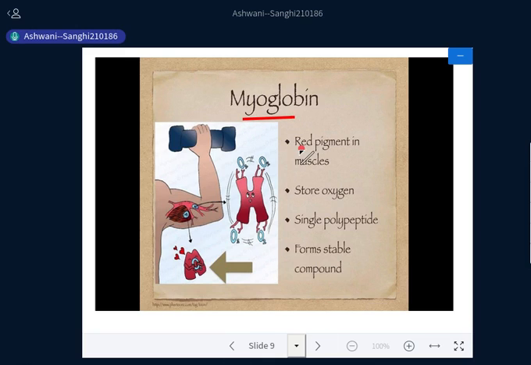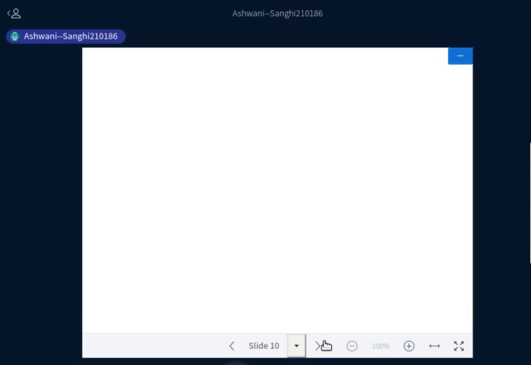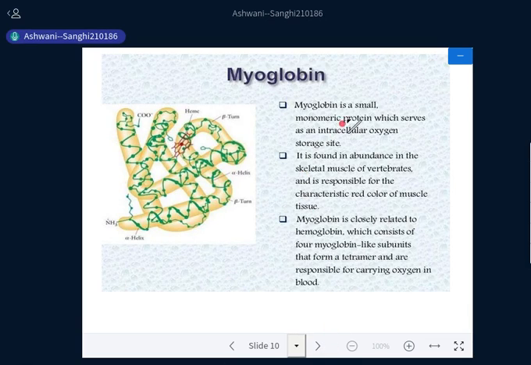Myoglobin is the red pigment in muscle. Myo means muscle, and globin is a chain of amino acids. It stores oxygen. It is a single polypeptide chain. So myoglobin is a small monomeric protein, whereas hemoglobin is a quaternary protein.